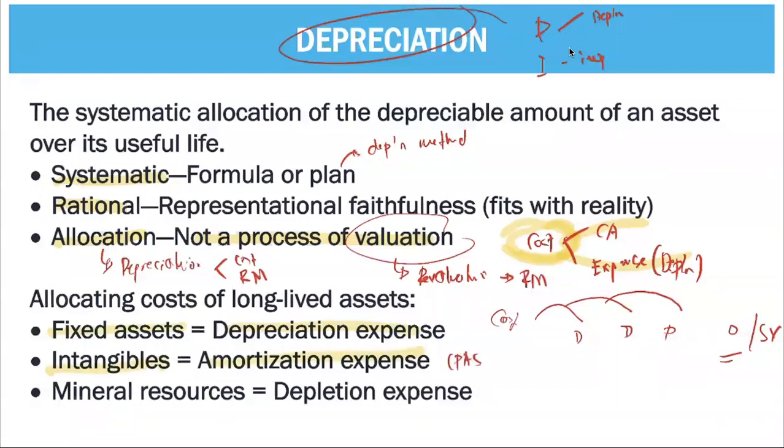Later, we will discuss this one under PAS 38. And for mineral resources, depletion expense under PFRS 6. So the process of allocation of the cost under PPE is called depreciation, intangibles under PAS 38 is amortization, and mineral resources under PFRS 6 is called depletion.